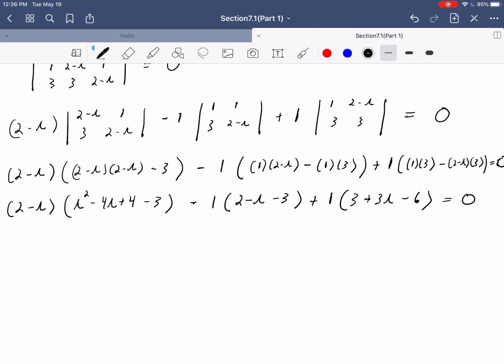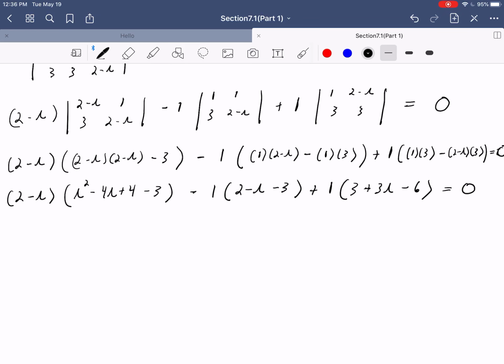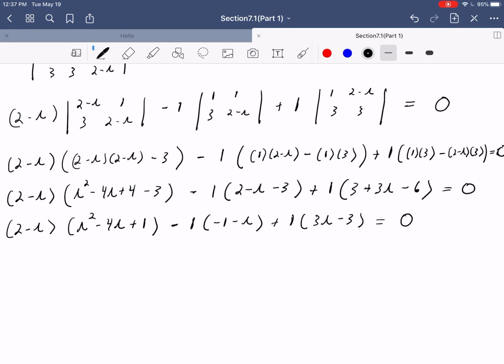Okay, we can go ahead and clean things up a little bit. So 2 minus lambda, lambda squared minus 4 lambda plus 1. We'll hold the negative off for just a second. Minus 1 minus lambda, and then plus 1. And it looks like 3 lambda minus 3 equals 0.